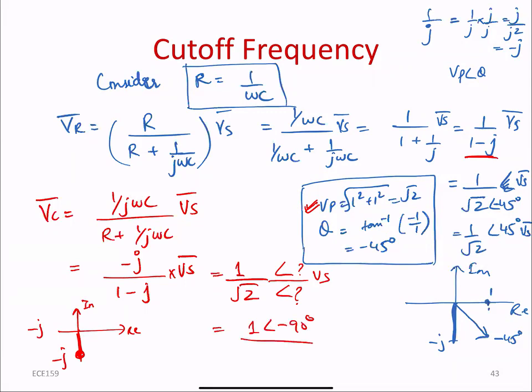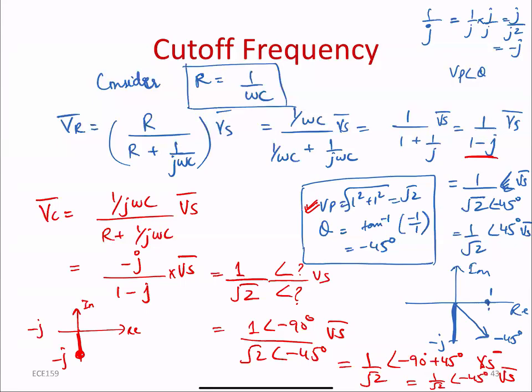What is the angle for 1 minus j? We already calculated this: magnitude under root 2, angle minus 45 degrees. So this can be written as 1 over root 2 at angle minus 90 plus 45 degrees times Vs, which is equal to 1 over under root 2 at angle minus 45 degrees times Vs.